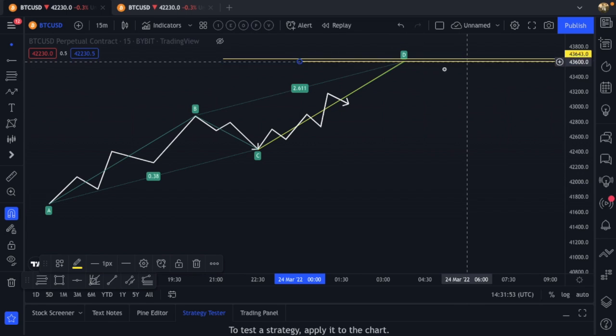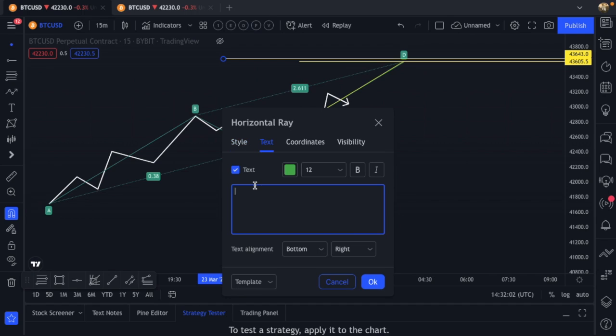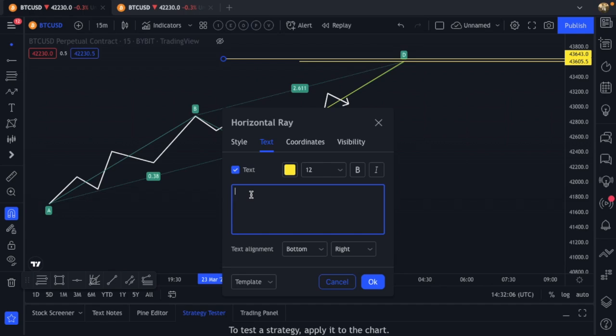We can label these as well if you want to keep it clear. So the top one, I will add some text. I also want my text to be yellow, and it's the 2.618.